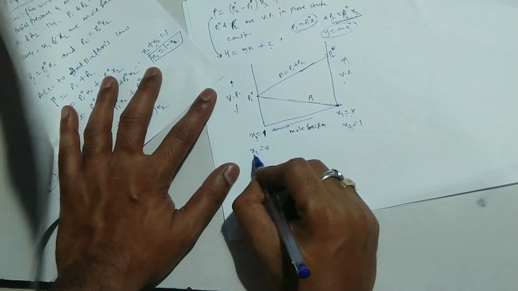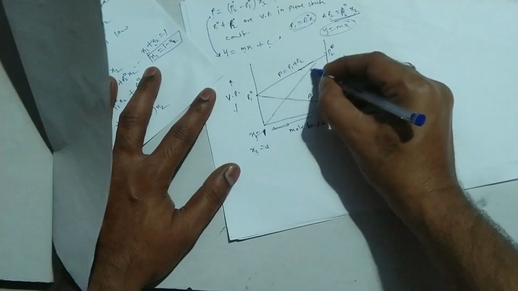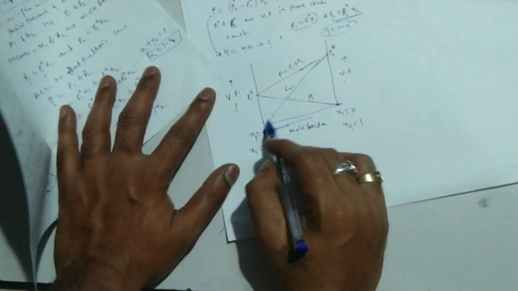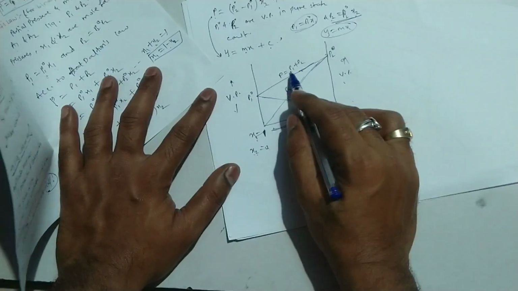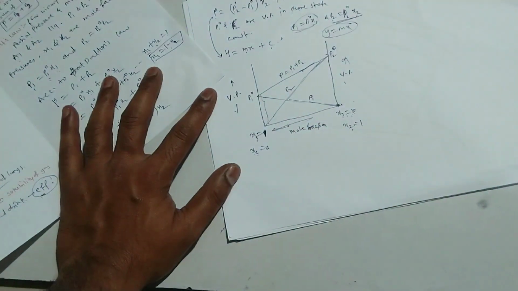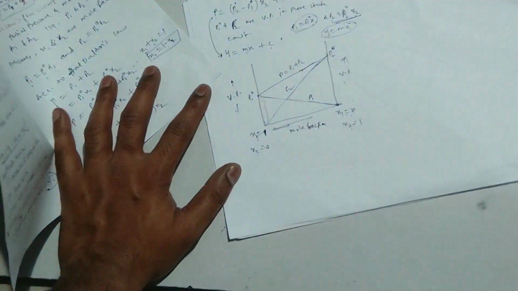And if you move from x2 equal to 0, we can draw the other line by connecting from this point, so this line is nothing but P2. So these are the straight lines for P1 and P2, and this is the line for P equal to P1 plus P2, and this is the intercept for this expression. Thank you.